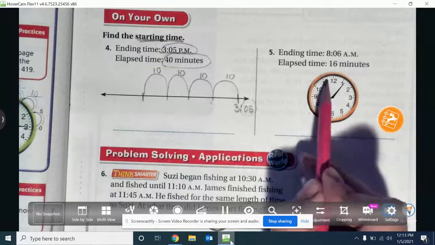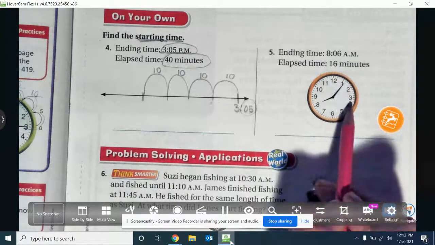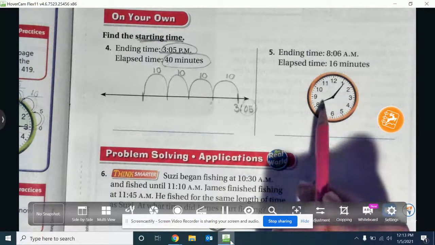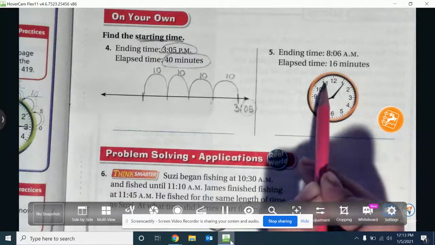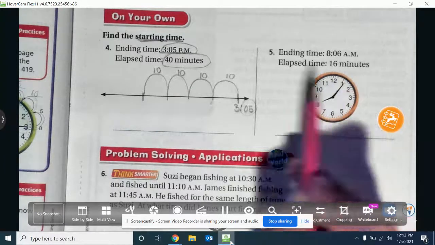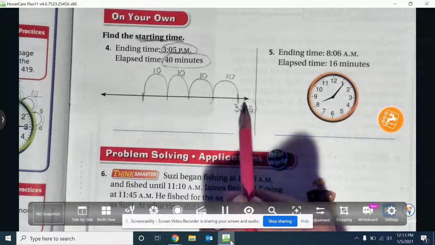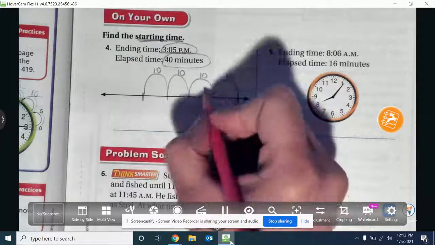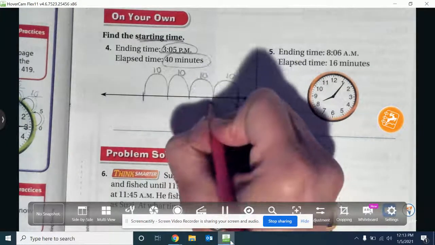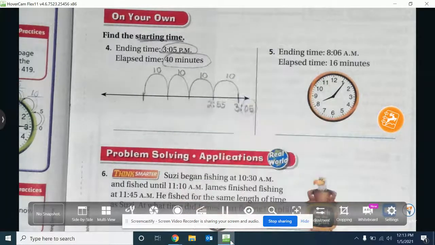So the 11, since it is minute 5, 10, 15, 20, 25, 30, 35, 40, 45, 50, 55. It's minute 55, okay? So I just took 10 minutes away. So it's not 3 anymore. I'm counting backwards. Now it is 2:55. We took 10 minutes away.